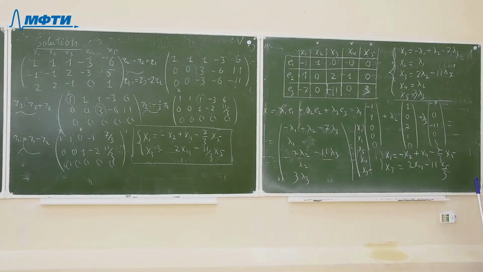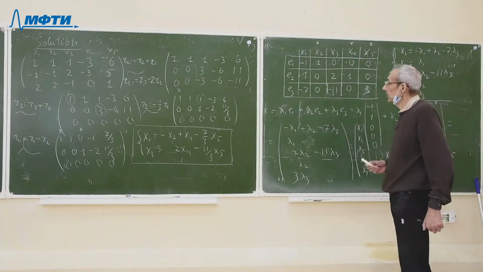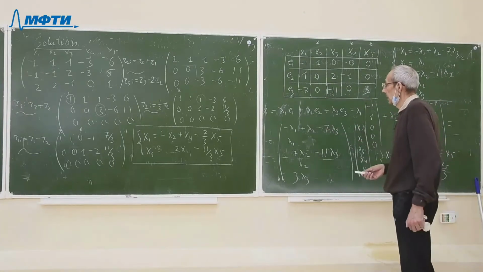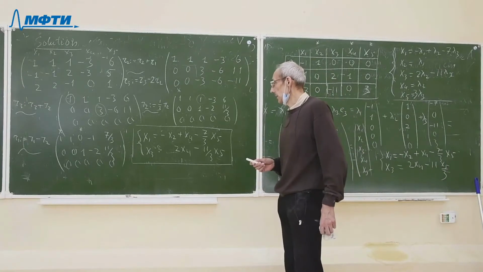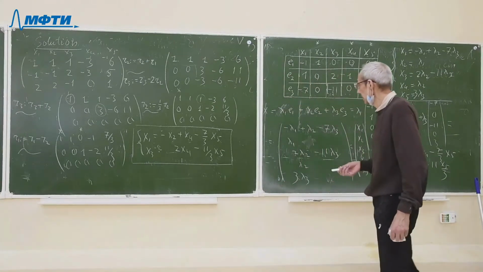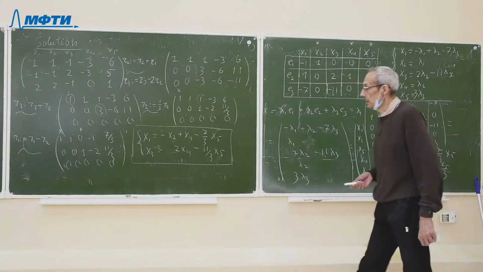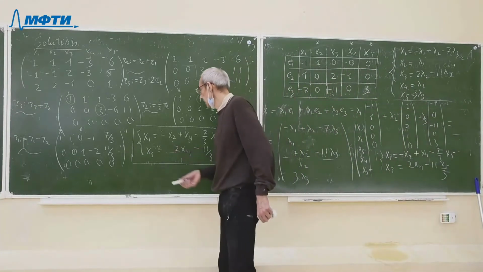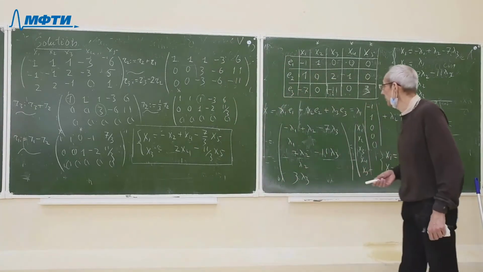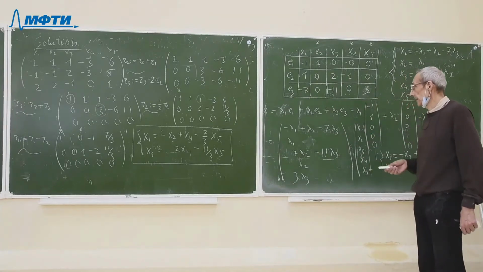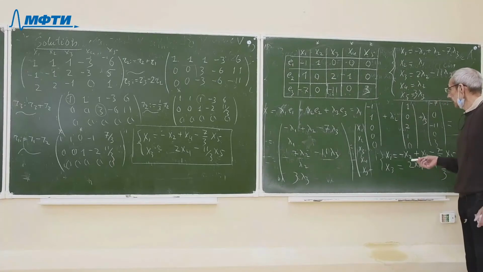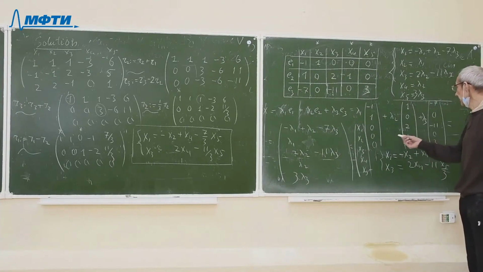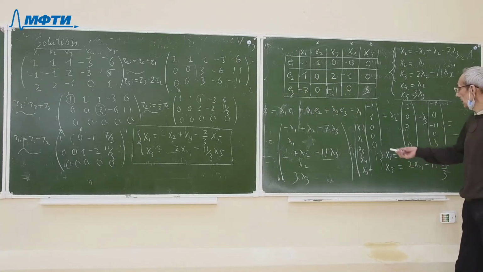And we obtain that the linear combination of these solutions is the general solution of our system, and it's easy to see that any solution of our linear system can be presented as such a linear combination. It's also easy to see that these vectors are linearly independent.